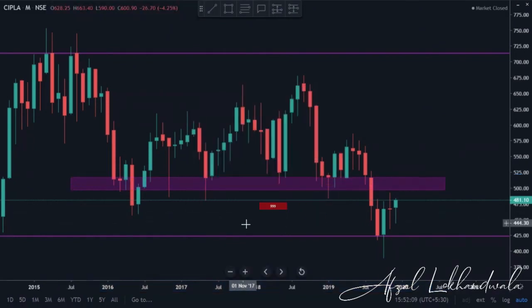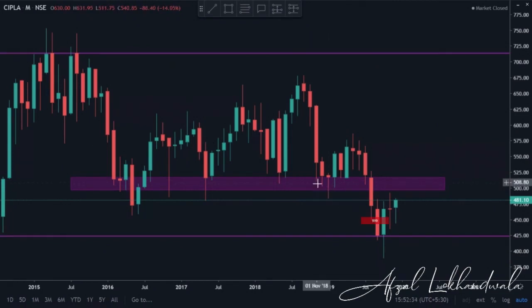Now I want you to look at the fifth point from our accelerator. The fifth point is about the magnitude of reaction. The magnitude of reaction here is very weak. Here there is a decent reaction. Again here there is a decent reaction. And here there is a reaction which can be said to be below average.